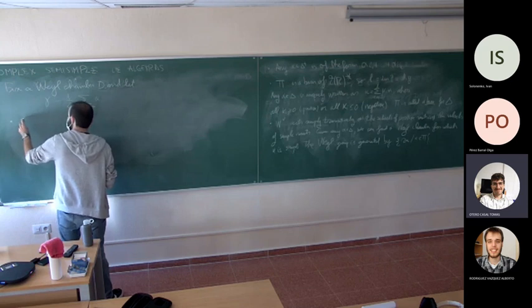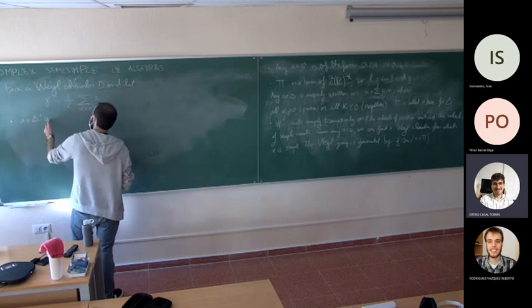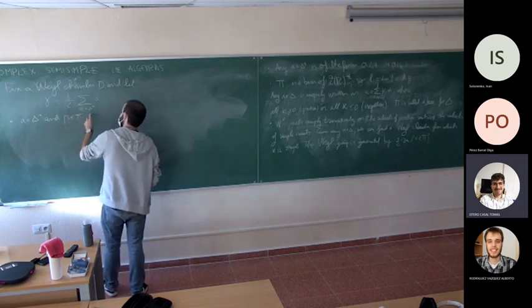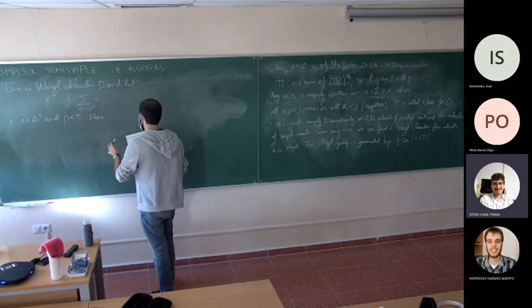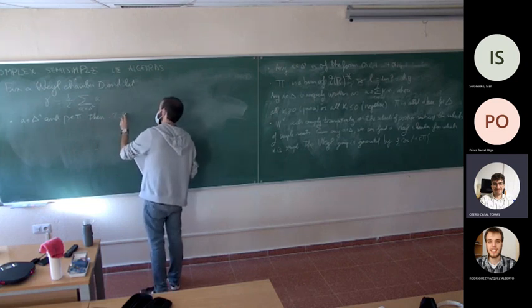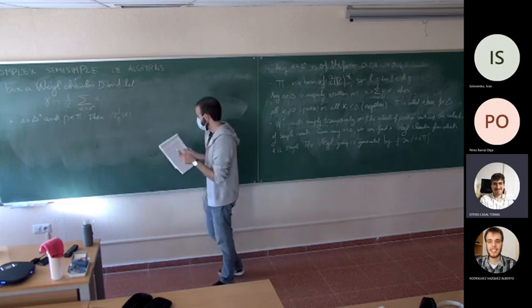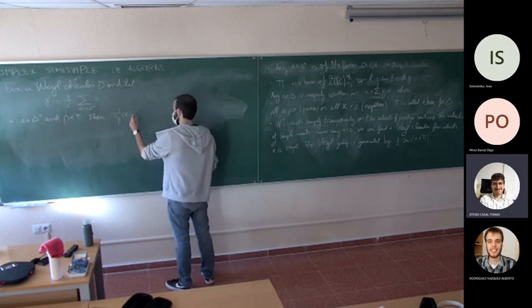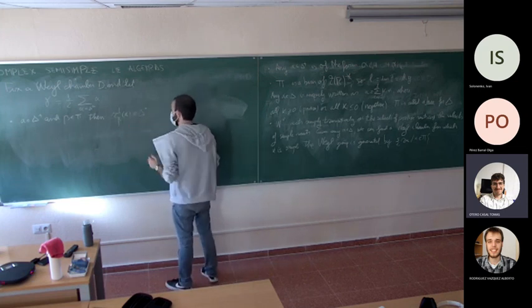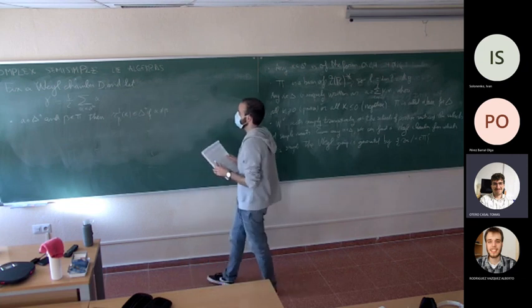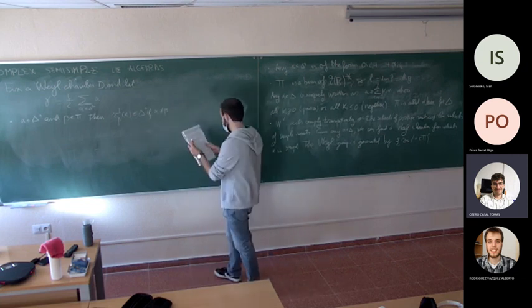So given a positive root alpha and a simple root beta, if we reflect by the hyperplane determined by beta, this is going to be a positive root, except when alpha is equal to beta. So if alpha isn't equal to beta, this new element is also a positive root.